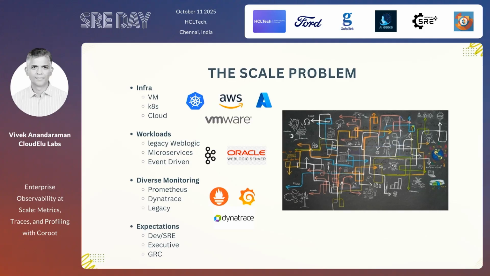Now, why did we have these three different observability tools? Because different teams were at different stages of their maturity model, and based on the team's maturity, they adopted different open source tools, and that was causing a problem. The main intention was to look at it from a holistic perspective and consolidate all these open source and proprietary tools into one view.